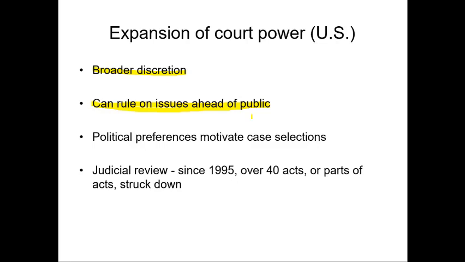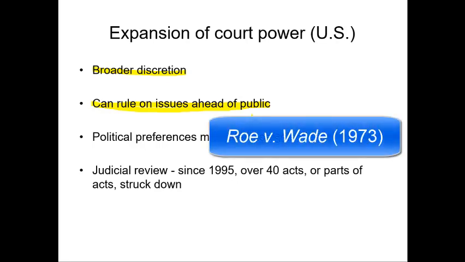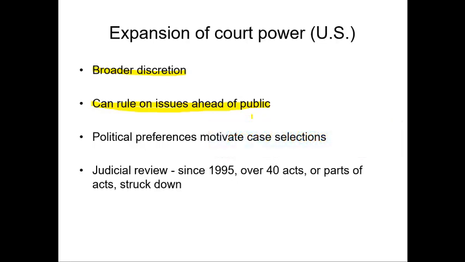That was well ahead of the public. They also technically made abortion legal in 1972, 73, well ahead of where any legislative body was going to touch that. So that gives them quite a bit of power to reach out and rule on issues that our lawmaking body is still very skittish about attacking for political reasons.